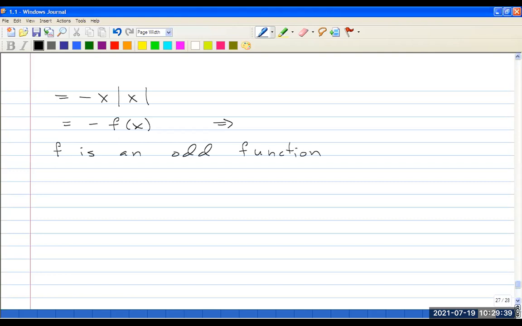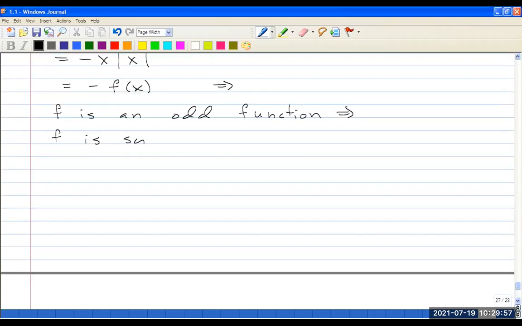Since f is an odd function, that means that f is symmetric with respect to the origin.